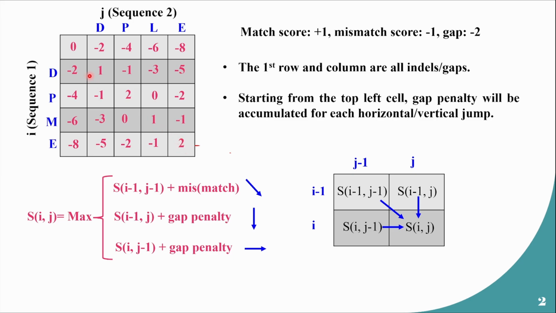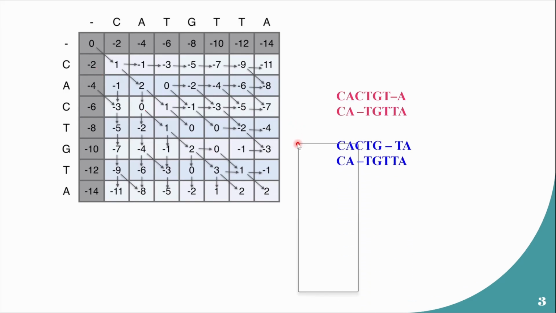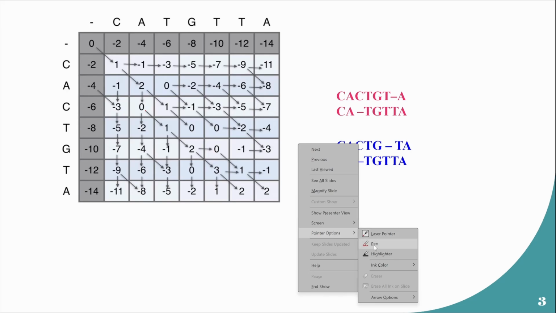Each time we filled up a grid, we put an arrow, basically tracing the path we took to get to that grid. Ultimately that gave us the actual alignment, because we had to trace back from the optimal value.